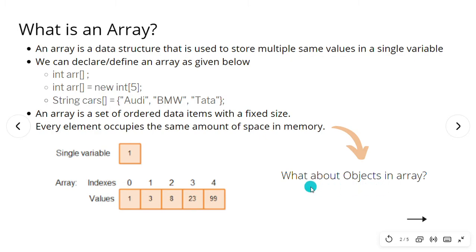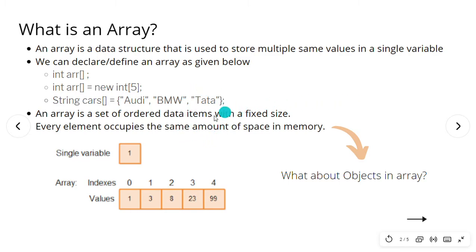Then the question arises: what about objects in an array? As you can see here, string is an object. String is a class of which we create objects. We can't just store them directly, because these strings can be of different sizes. If I take one more value, Volkswagen, it is of a different size. Tata is of a different size.